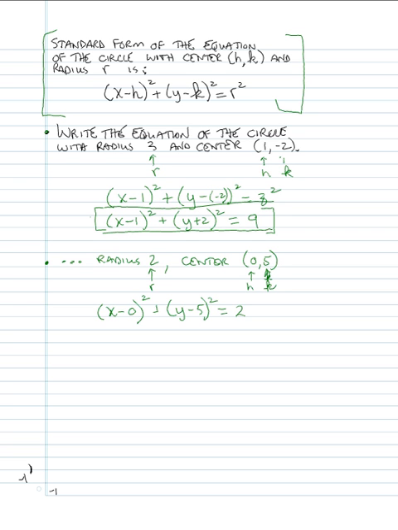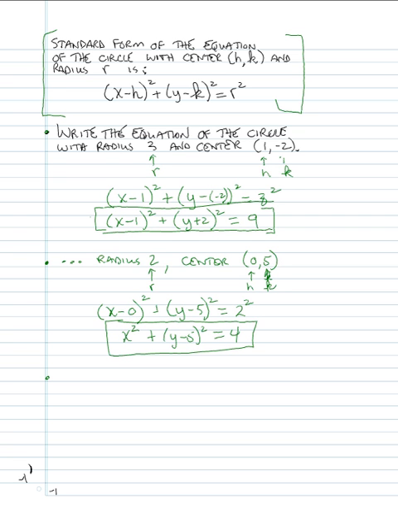Since the radius is 2, we have a 2 squared. Now, let's go back and clean this up. X subtract 0 is the same as x. And so when we square x subtract 0, we really just have an x squared plus a y minus 5 squared is equal to 4.